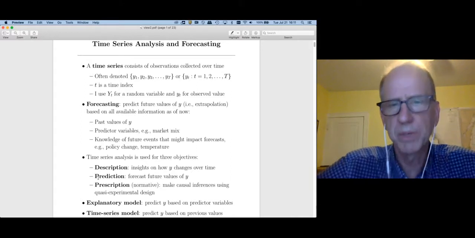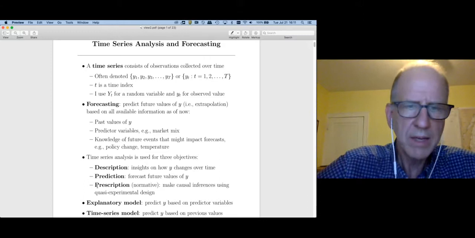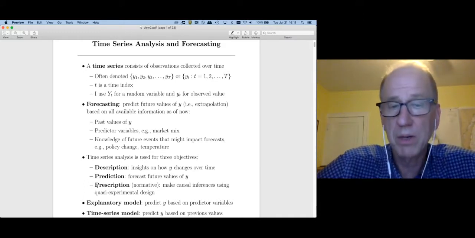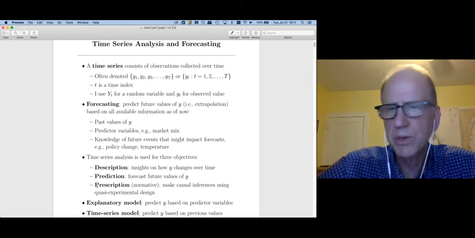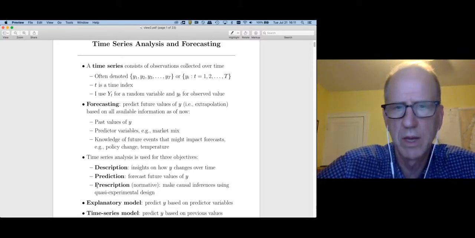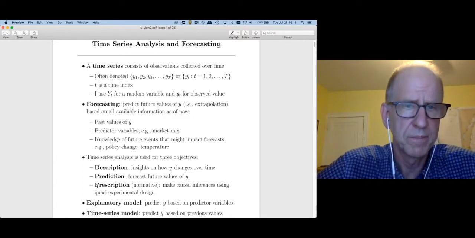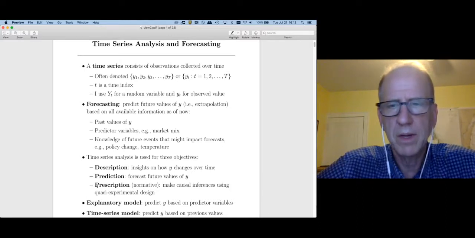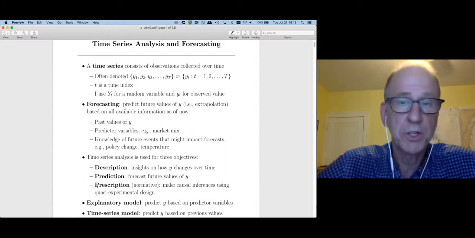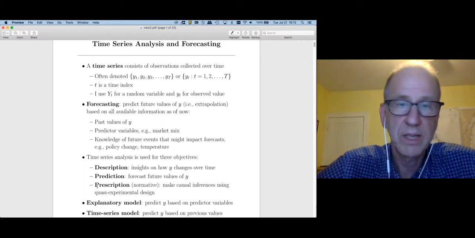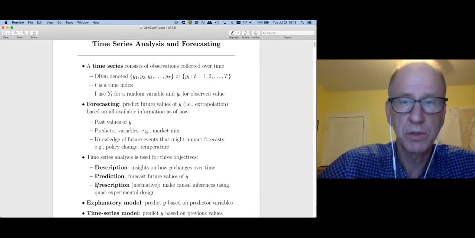The second task is prediction, which is really the forecasting part of this. The last one is what I'm going to call prescription, or normative tasks, where I'm really trying to make some causal inferences using the time series data as a quasi-experimental design. An example of a causal inference could be: if I shut down the bars in a state, does that cause cases of COVID to decrease?